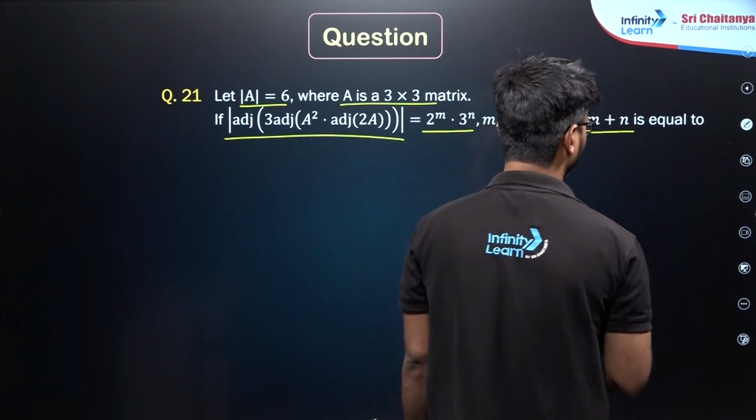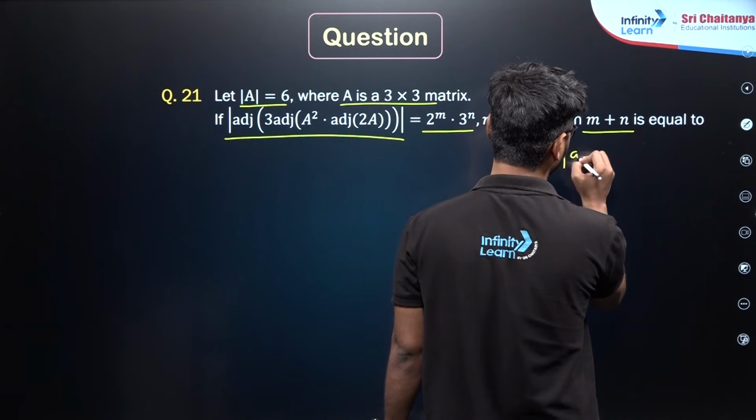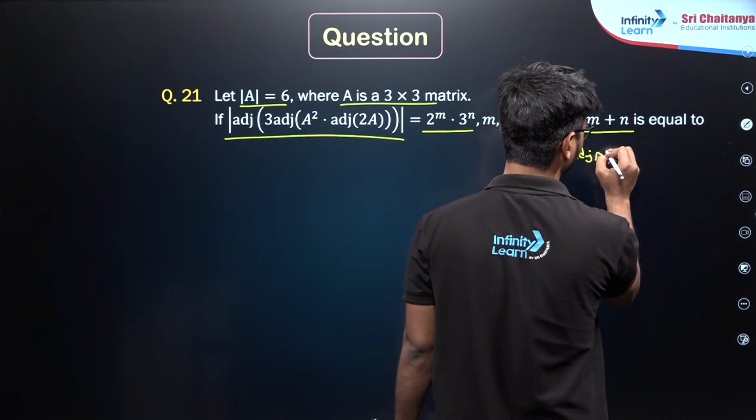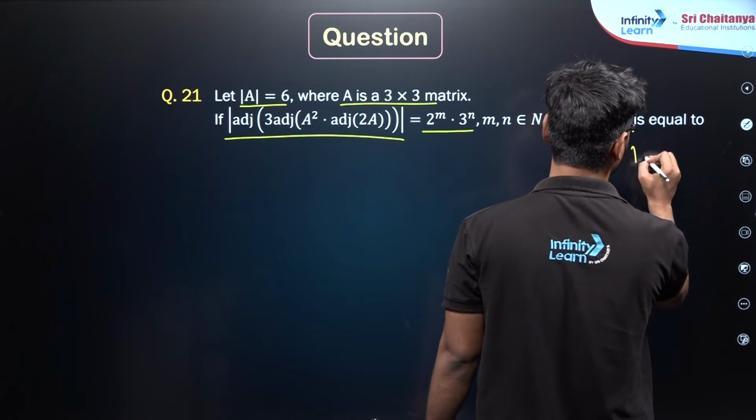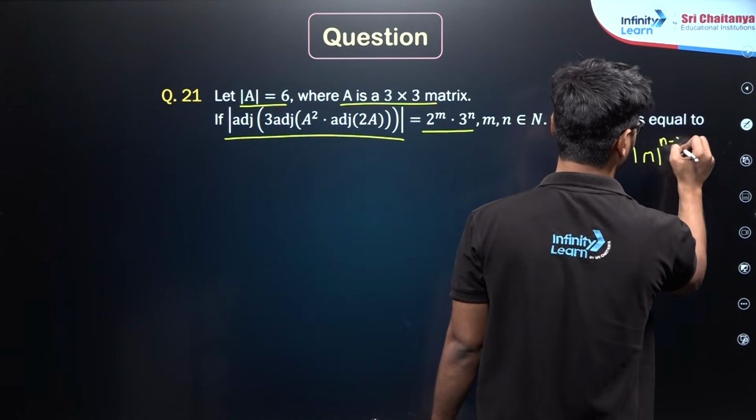First of all we have the property that determinant of adjoint of M, I can write as determinant of M to the power n minus 1.